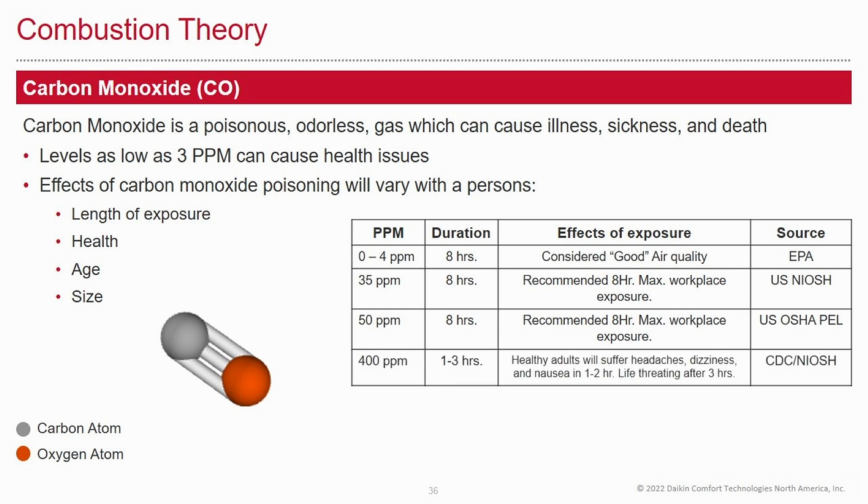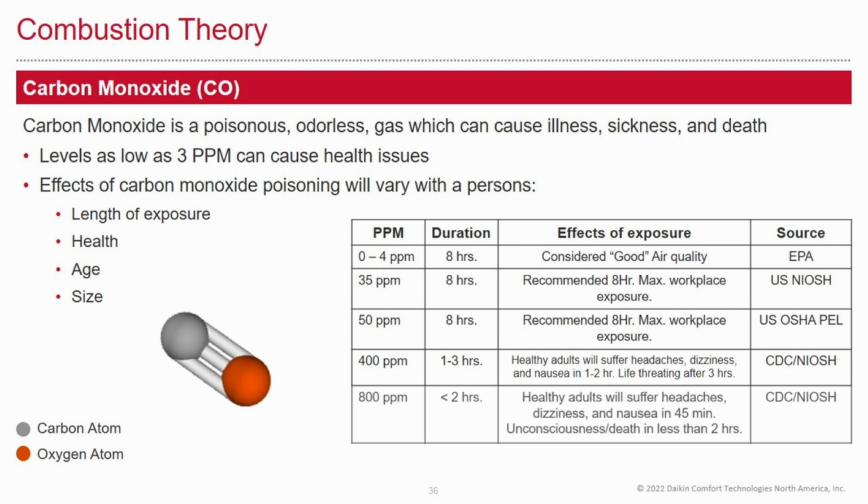400 parts per million for a duration of 1 to 3 hours. Healthy adults will suffer headaches, dizziness, and nausea in 1 to 2 hours. Life-threatening after 3 hours, according to the CDC and NIOSH. 800 parts per million for less than 2 hours.